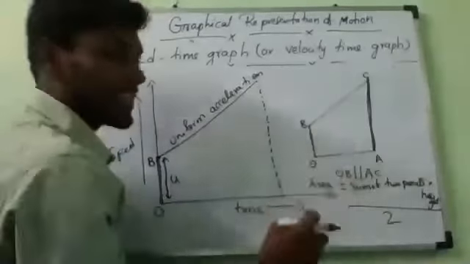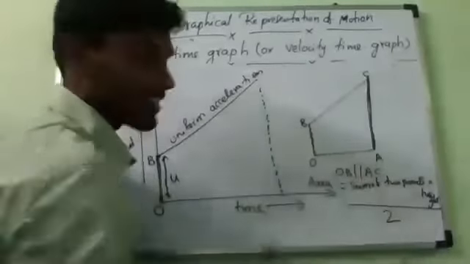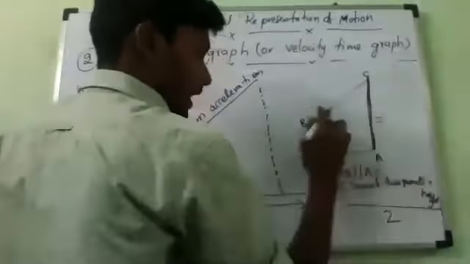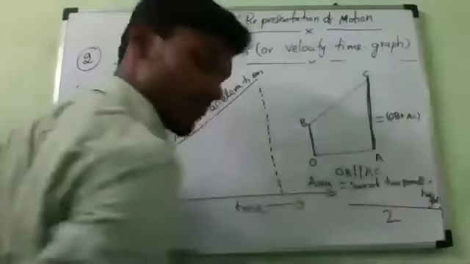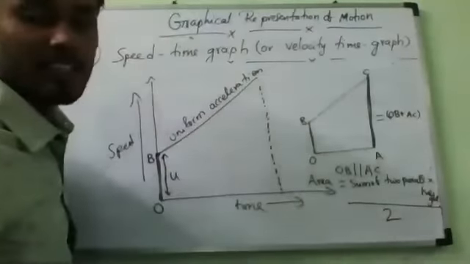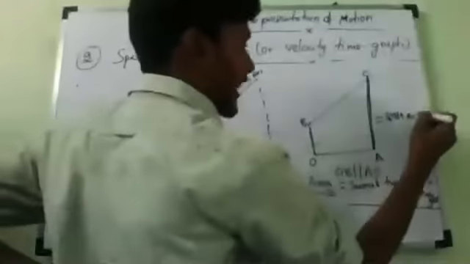Now, what are the parallel sides here? OB plus AC, or CA. Is it yes or no? Sum of the parallel sides. Yes, sir, OB plus AC into what is the height?